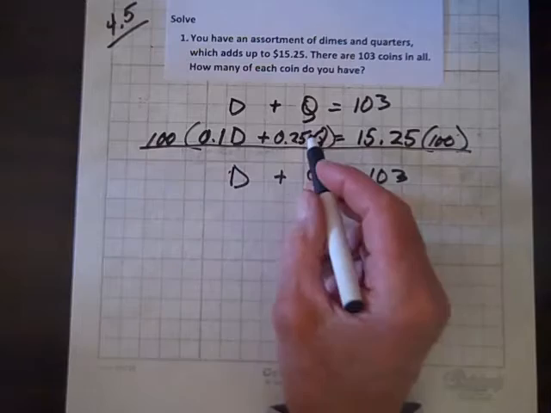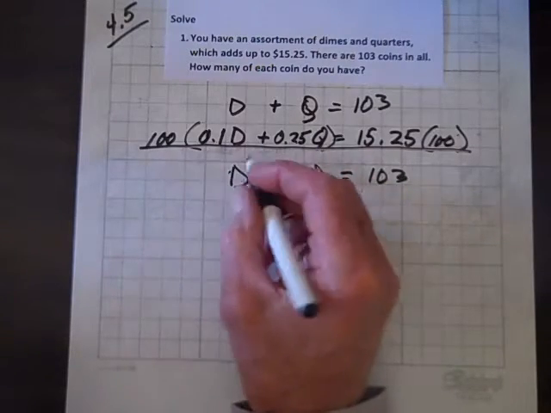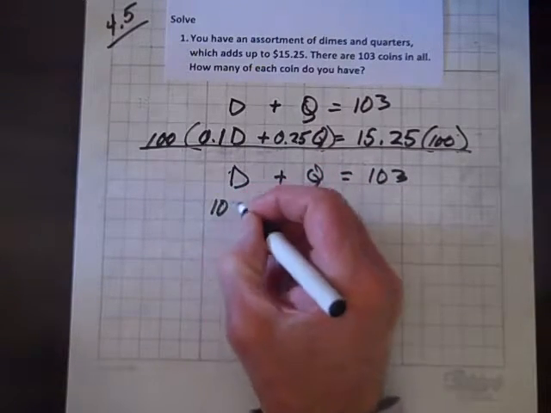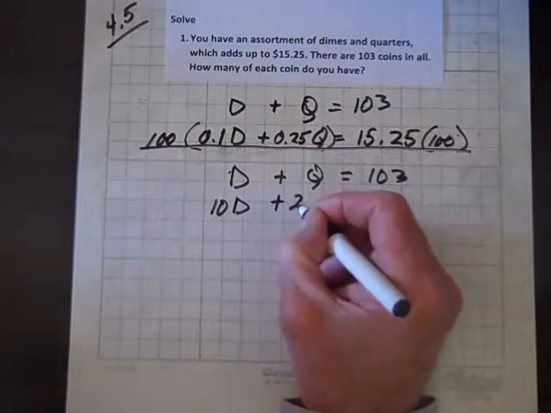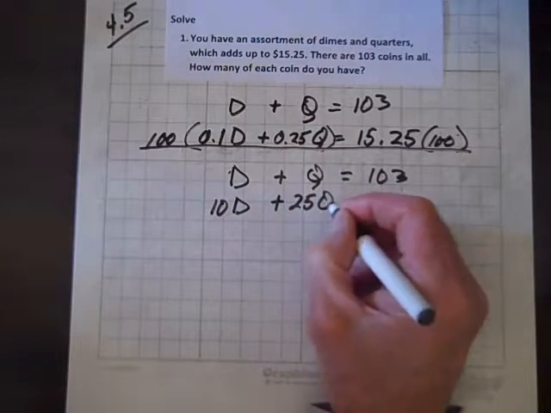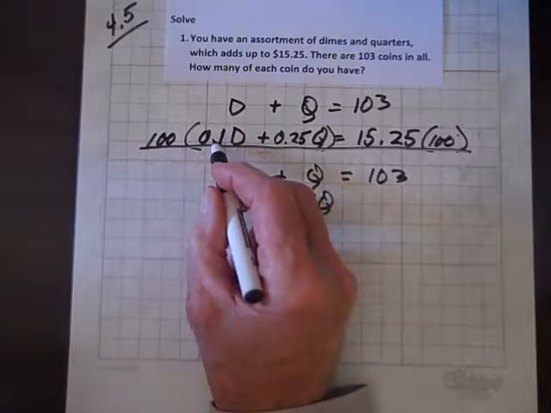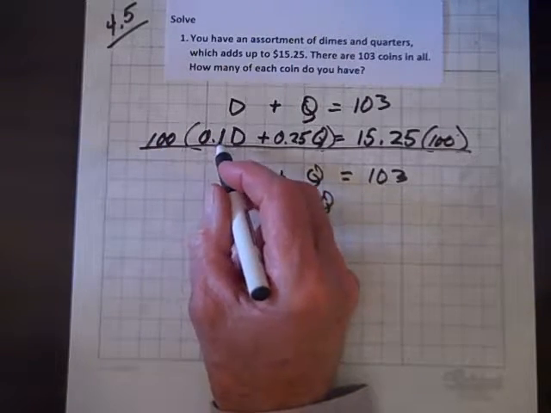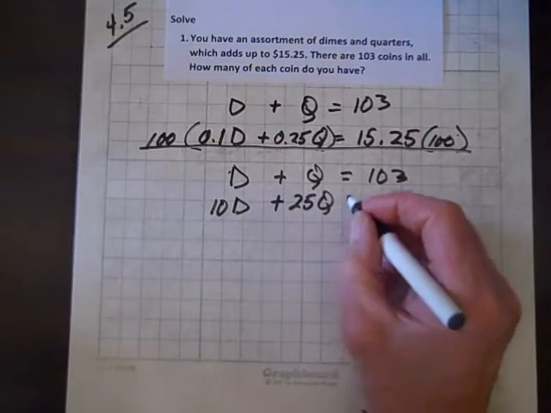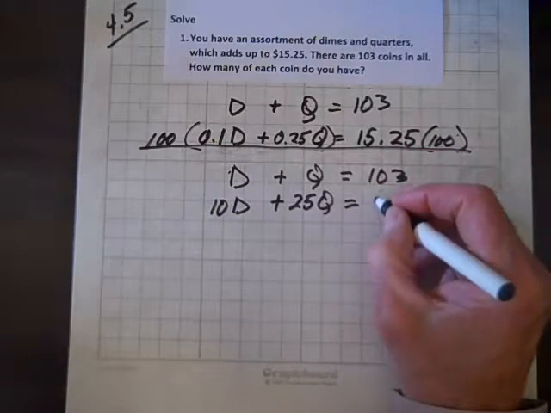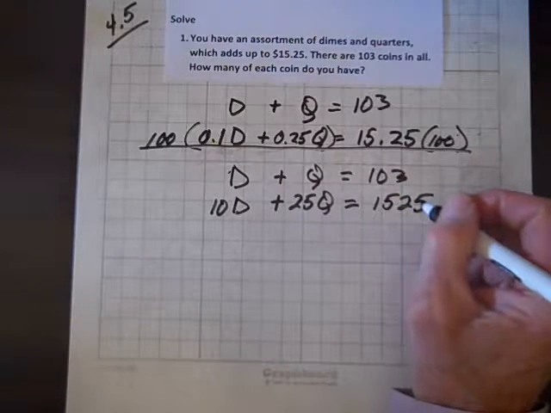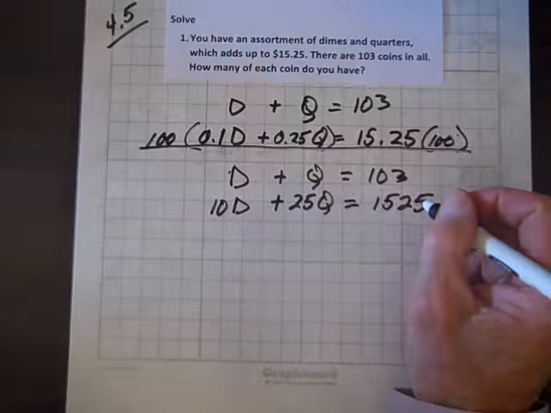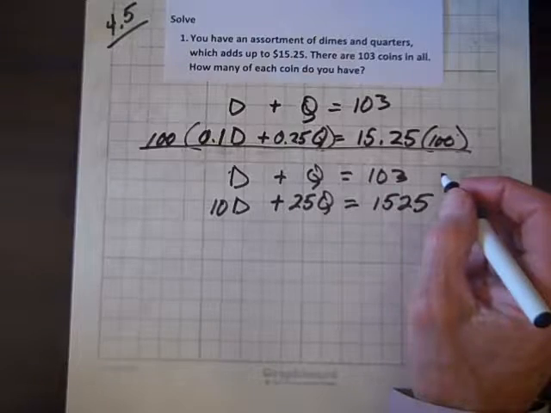And now, when we multiply by 100 here, we're going to have 10D plus 25Q, because when you multiply by 100, it's going to move that decimal over twice, so we're going to have a 10. And moving this decimal over twice, we get 1525.